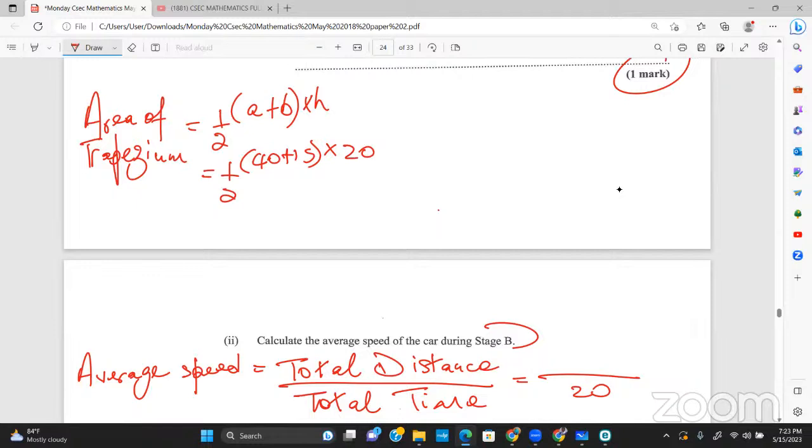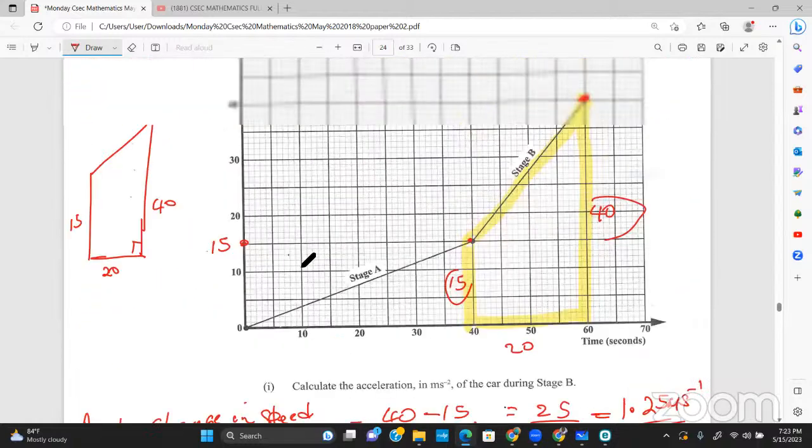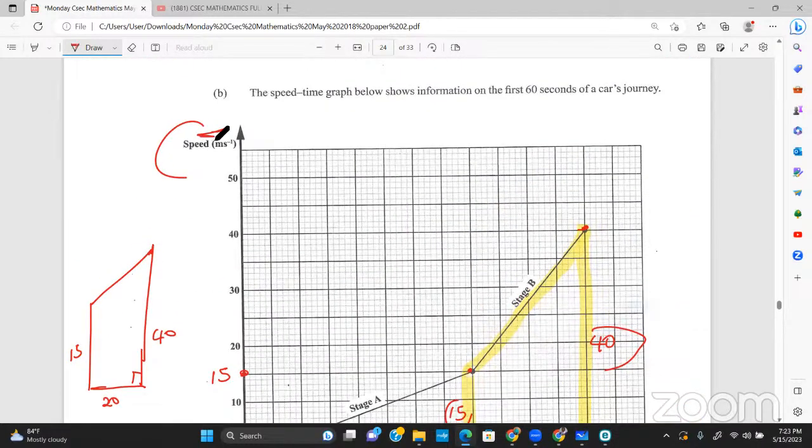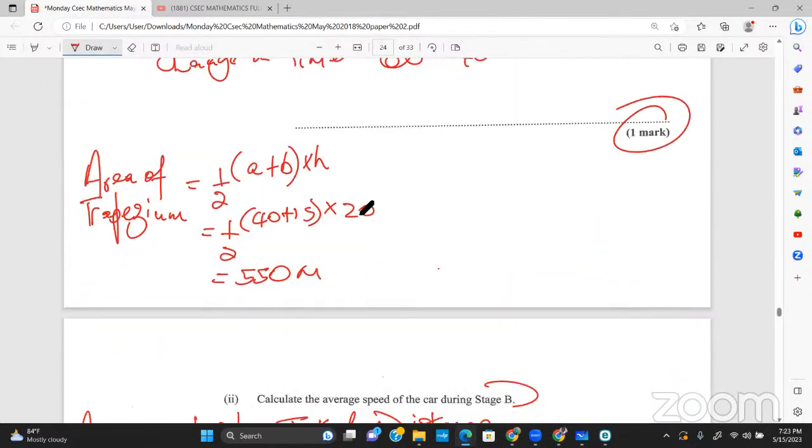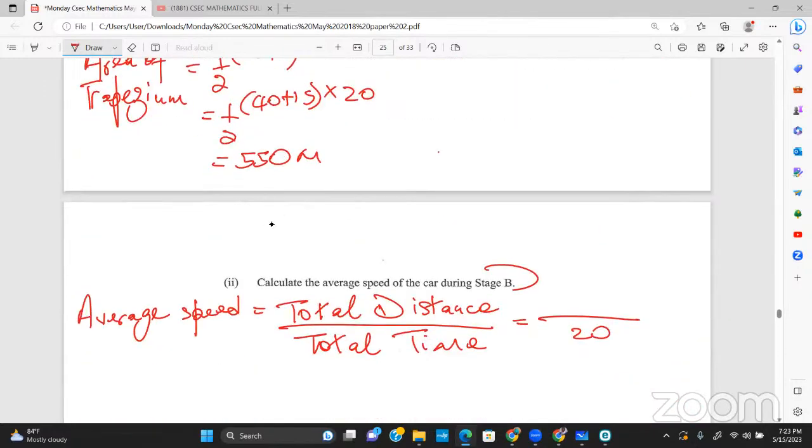Try not to make any error. I'm getting about 550. When I work this out, I'm getting 550 meters. The units we're using are meters per second, so the distance is in meters. So I have the distance. This is the distance traveled in B.